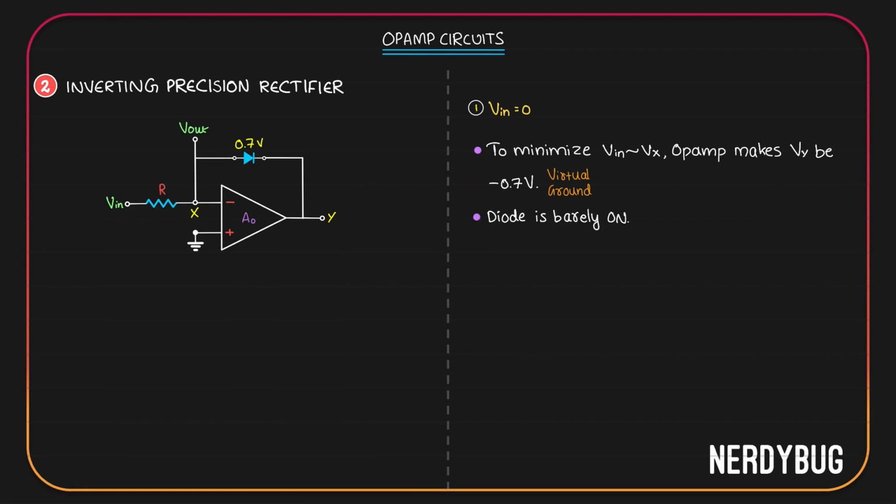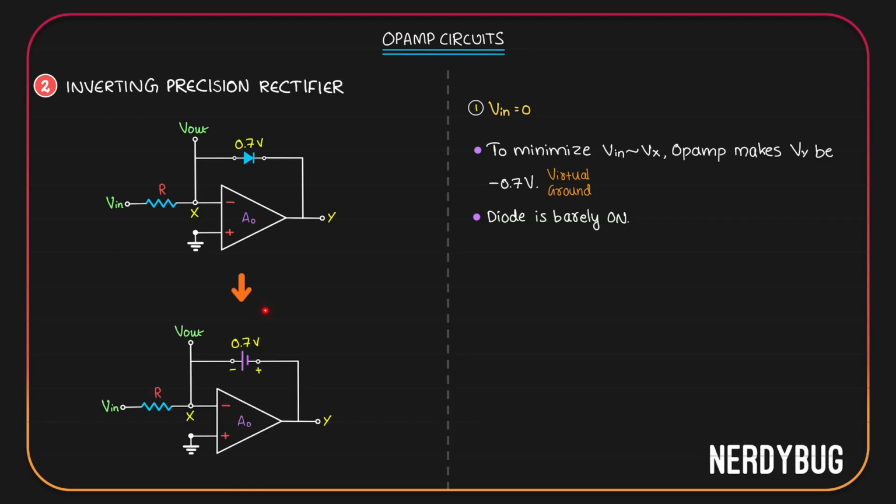Then the circuit can be modeled like this. I have replaced the diode with a 0.7 volt cell. Now, Vy is negative 0.7. All of that will be dropped across the diode. So at output, we have 0. That means at X, we have 0. Potential here is equal to potential here, and virtual ground condition is satisfied.